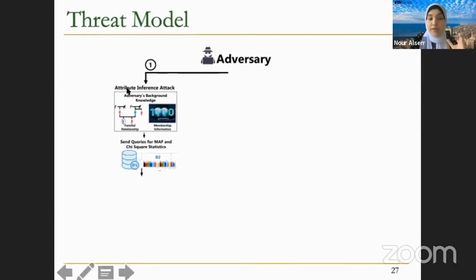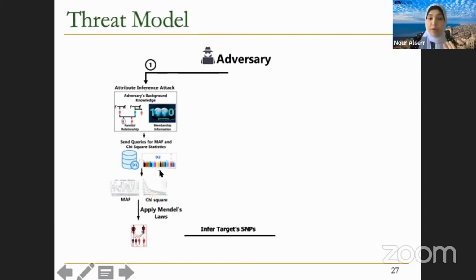We did attribute inference attacks over genomic datasets, like GWAS and any statistical dataset. We send the queries for MAF, chi-square statistics, and using the results from these queries, we could infer the target SNP.